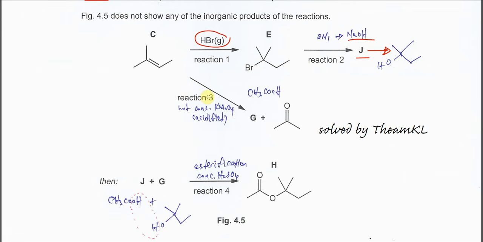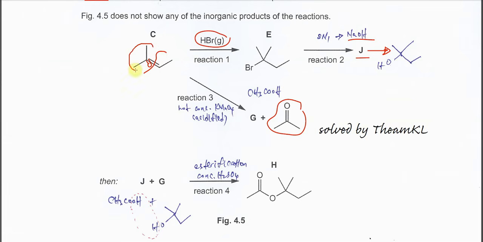For reaction 3, as you can see, C after reaction 3 forms propanone. This is a ketone, and G. It's quite obvious that this C undergoes bond breaking, means undergoes oxidation, and the C=C double bond breaks. When the C=C double bond breaks, this part will oxidize and get the oxygen.